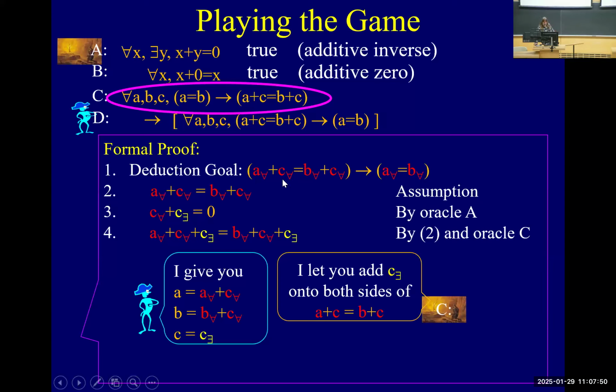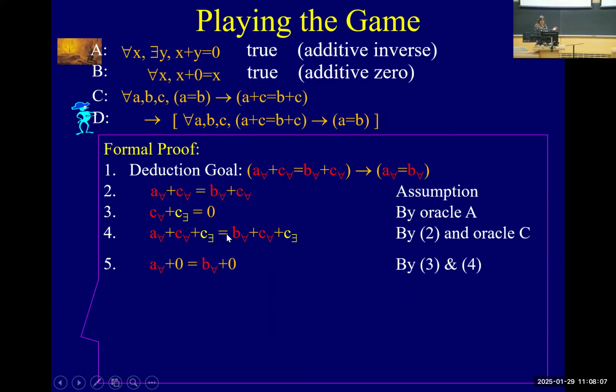Here I knew this piece, so I can add C to both sides. Everybody follow this? So now what do I want to do? I'm going to add these and get 0. So I use the fact that the sum is 0, and I do that.